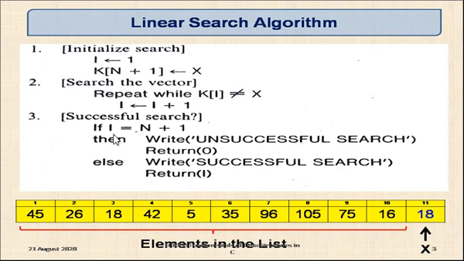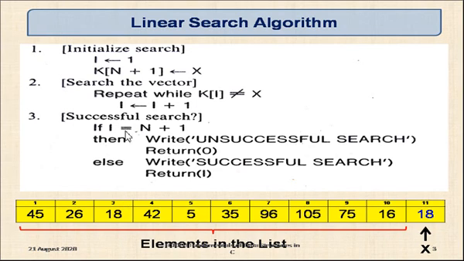Next step: if I is equal to n plus 1. Why are we checking this condition? Suppose the element x is not available in the entire list, then the value of I would have become 11 in this example, that is n plus 1 in general. In that case, we write unsuccessful search. But in our example, the value of I is 3 only.